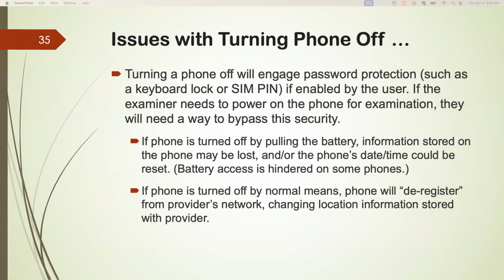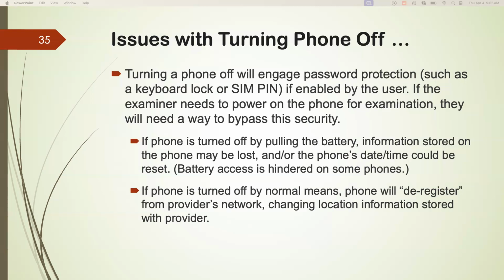So in phones, if you pull out the battery, it will be similar to just shutting down your PC. So the next time you turn it on by plugging the battery back in, some of the data will be overwritten or edited. The next way is by manually shutting it down using the shutdown option on the phone.